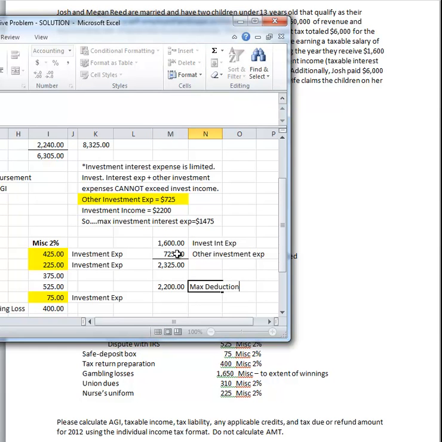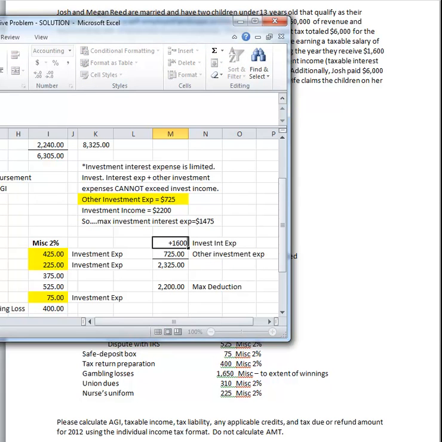So you're limiting how much investment interest. Basically you've got $2,325 of expenses. You can only deduct $2,200. So you have an excess of $125. You have an extra $125 of expenses that you cannot deduct.